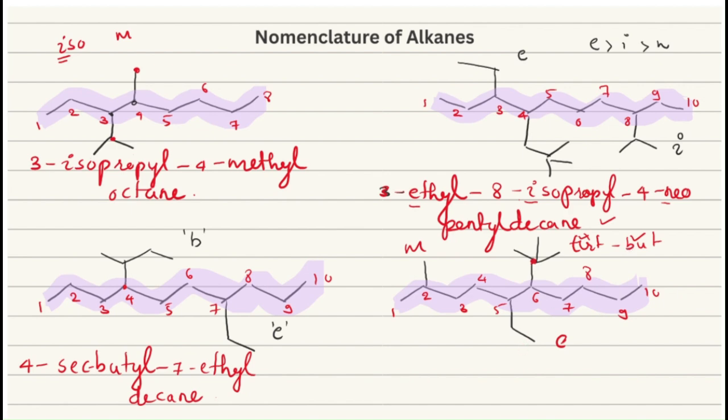So butyl should come first, therefore 6-tertiary butyl. You don't have to write complete tertiary; if you just write TERT, that's enough. Then methyl or ethyl? Obviously ethyl, so 5-ethyl, and then 2-methyl, and since there are 10 carbons, decane.